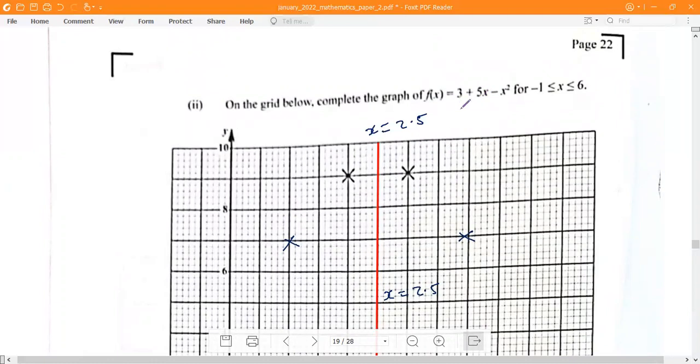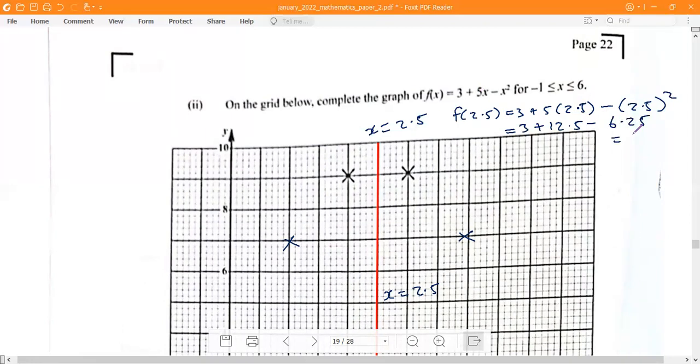into our function. So we have 3 plus 5 times 2.5 minus 2.5 squared. All right, that's what we got out. 5 times 2.5 is 12.5. 3 plus 12.5 is 15.5, minus 2.5 squared, 6.25.